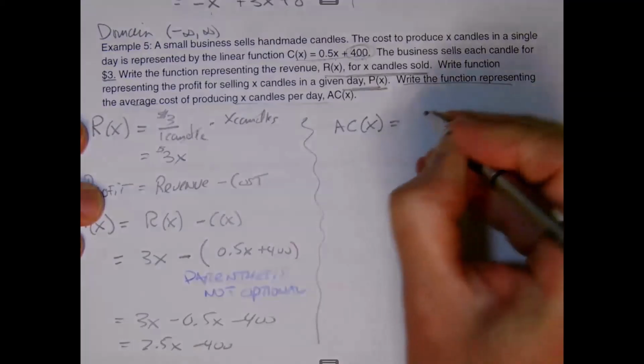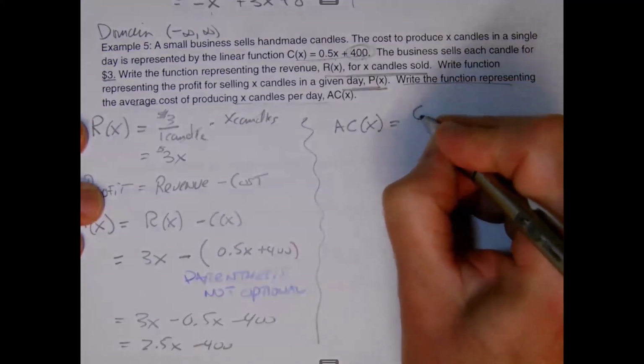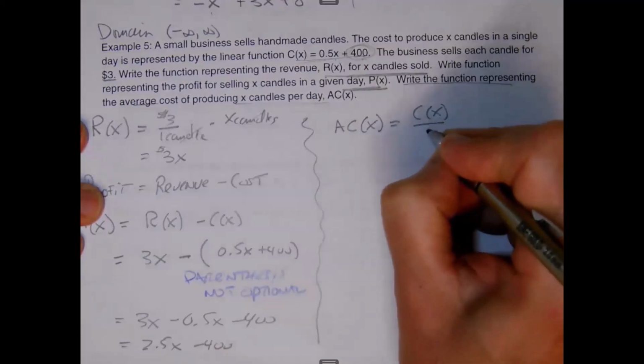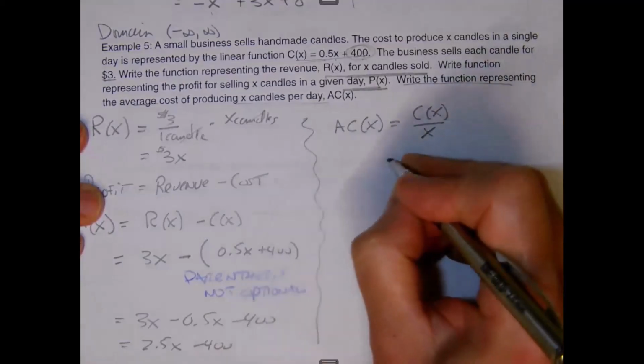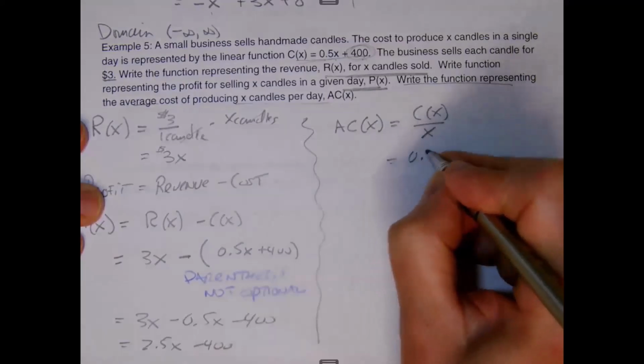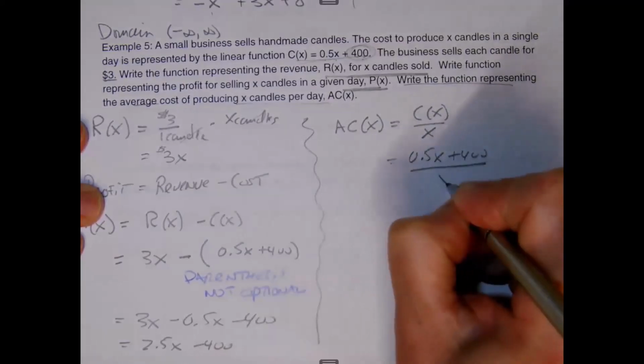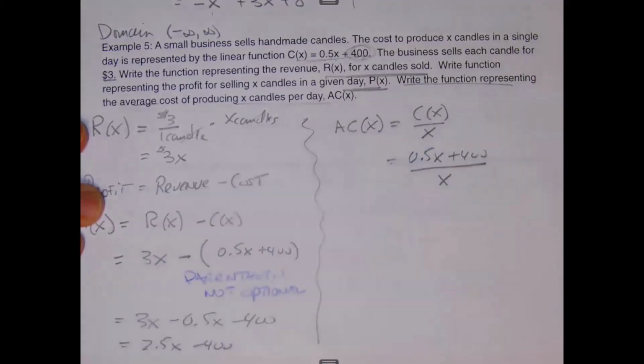Again, it's an average, so how do you calculate an average? It's just going to be the cost divided by x. So in this case, 0.5x plus 400 divided by x candles. So this will be my average cost.